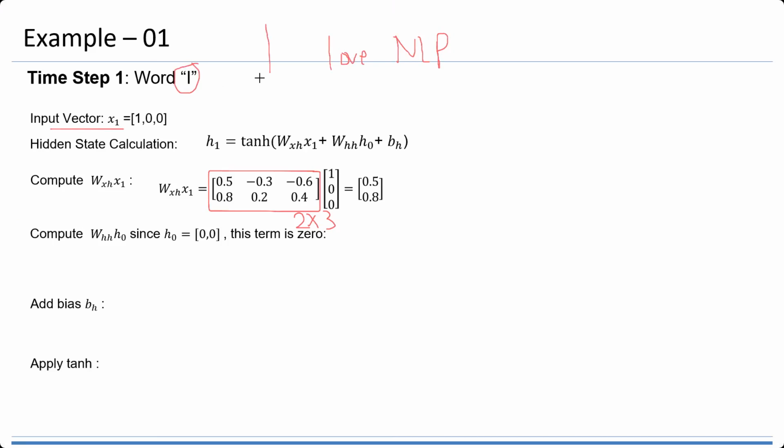If we create vectors, then x1 is 1, 0, 0. x2 is 0, 1, 0. And x3 is 0, 0, 1. The first column indicates the word I, the second column indicates the word love, and the third column indicates the word NLP.